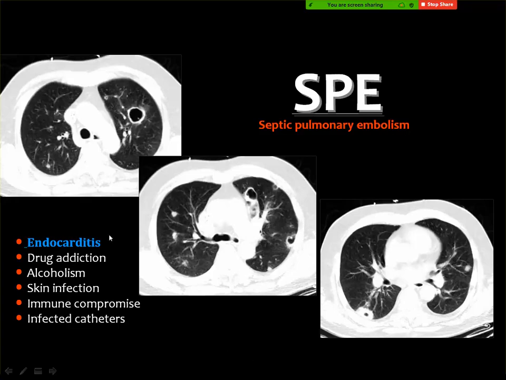These are the possible causes: endocarditis, drug addiction, alcoholism, skin infection, immune compromise, and an infected catheter; a central venous line may cause this. Septic emboli, whenever they are small, do not contain a cavity. But if they reach the size of 2 centimeters, they start to cavitate.